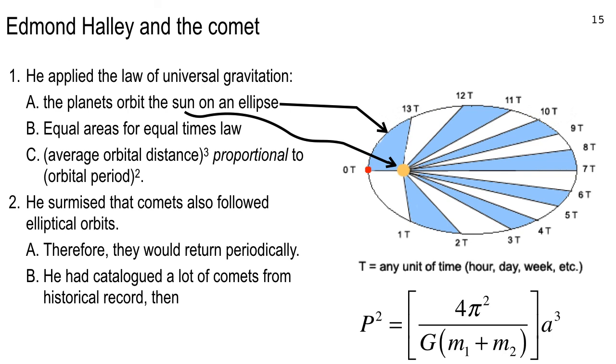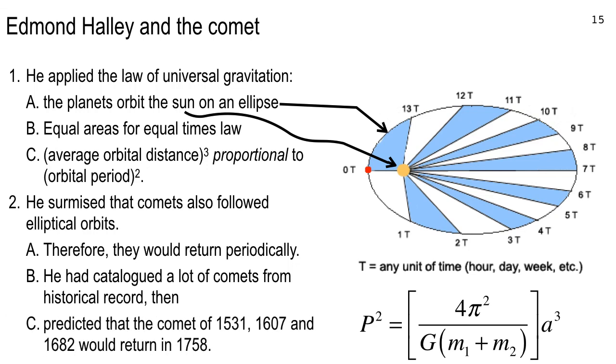Halley was interested in comets, and he'd actually studied a lot of them from the historical record. So here's what he figured. He said, look, we had a comet in 1531, and that's the days of Cortez landing in Mexico. 1607, that's the days of Shakespeare. 1682 was in Halley's and Newton's lifetime, contemporaneous with them.